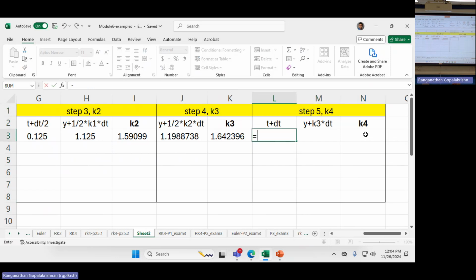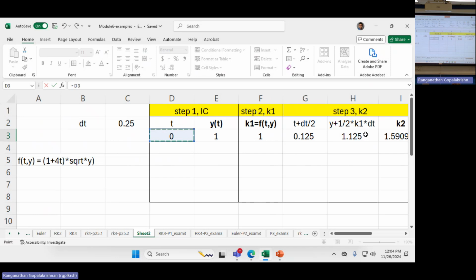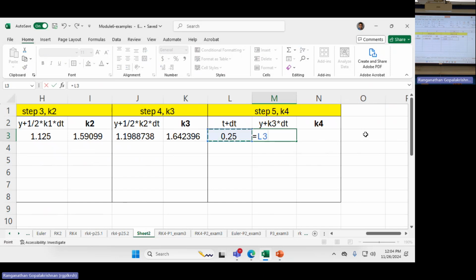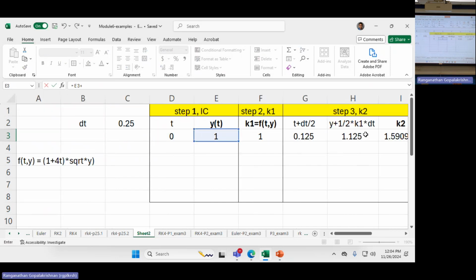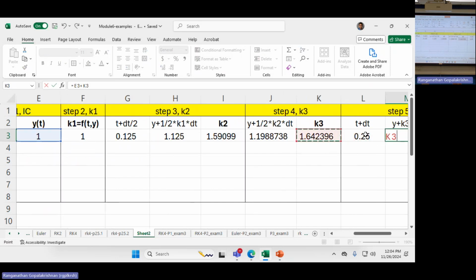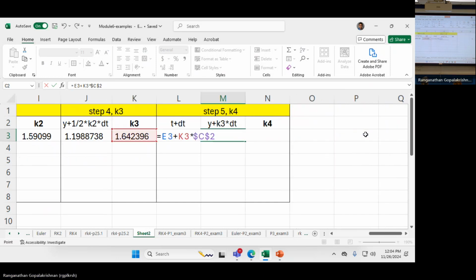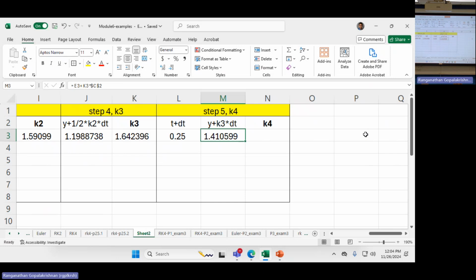What is t plus dt? Take time and to that add dt, with the dollar sign. And then y plus K3 is take y plus the K3 you just computed, times dt. As you can see, there is a progression to this. You can't get K4 without K3, K3 without K2, K2 without K1. So you have to do it sequentially.